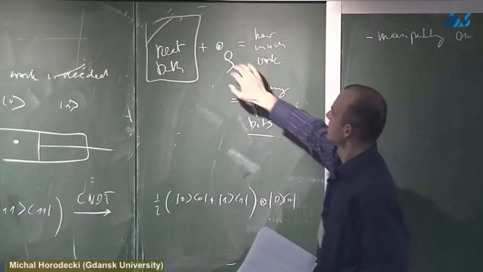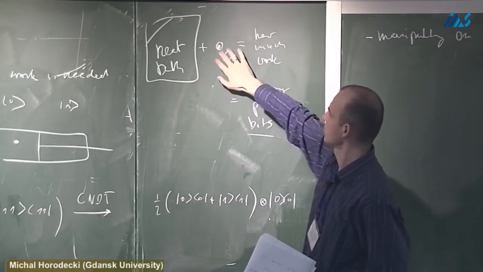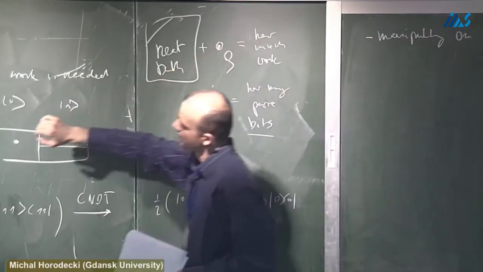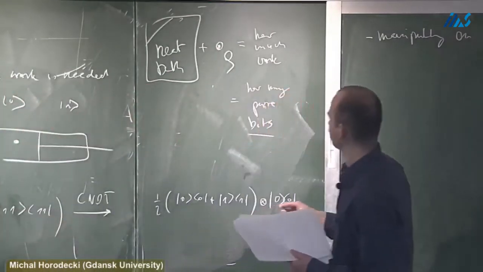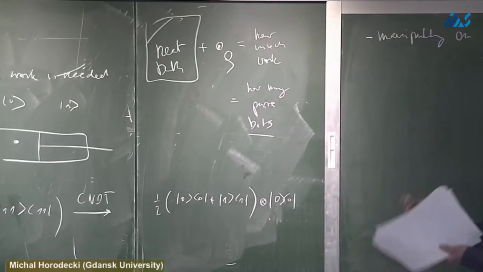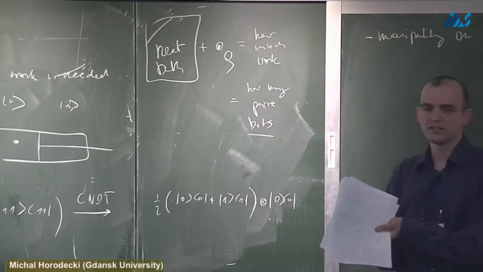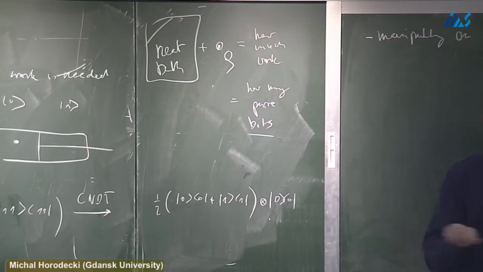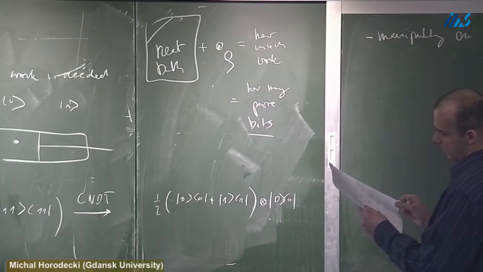And the state is useful when it presents some information, or when you know something about it. Therefore, information here was the resource. If you have information, you can draw work.